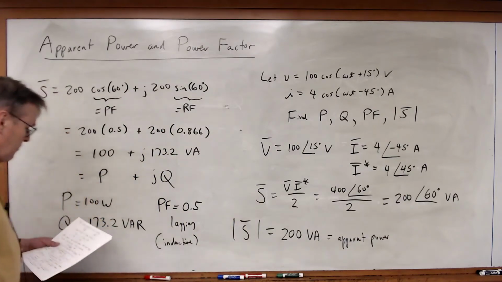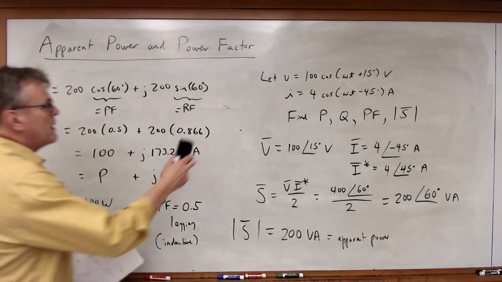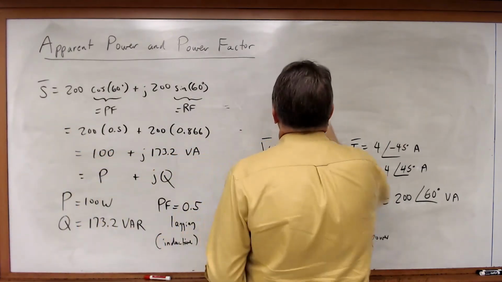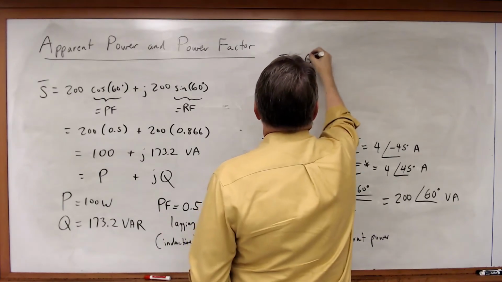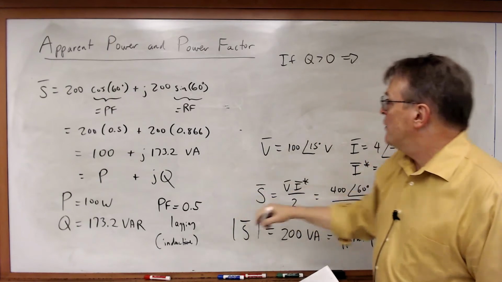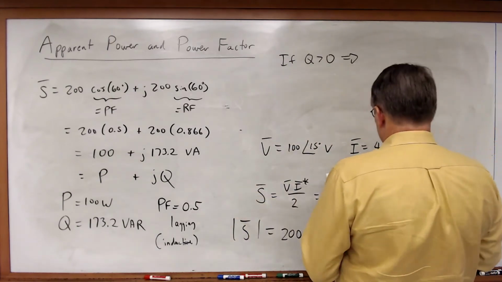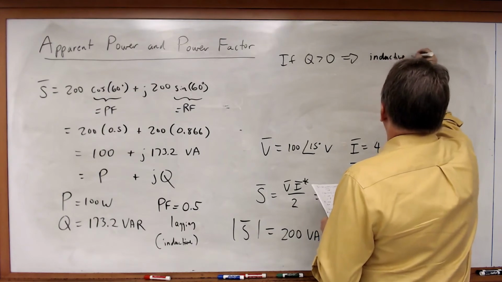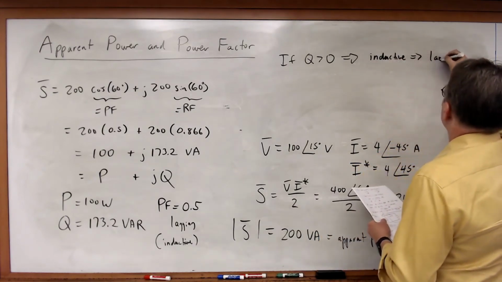Now, once again, I want to emphasize this. If Q is greater than 0, if we have a positive value of Q, you're going to have an inductive load and you're going to have a lagging power factor.